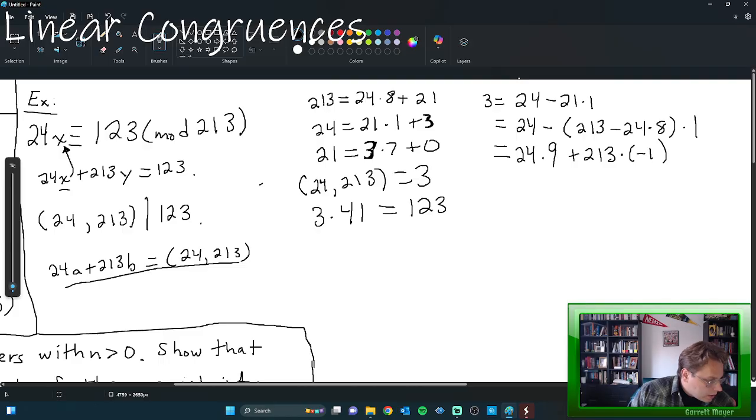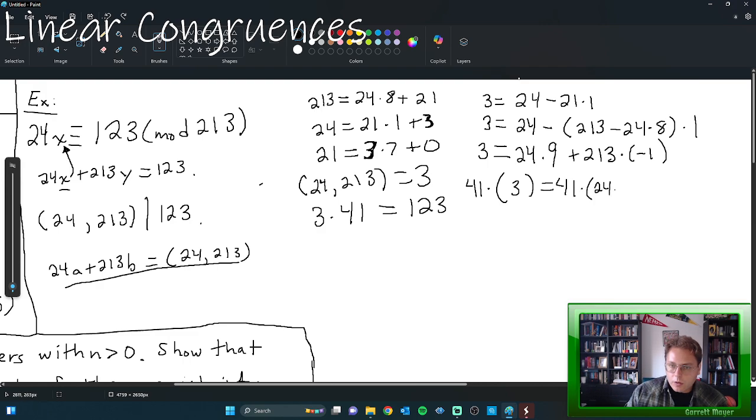So what we want to do next is scale this up so that we can get this equal to 123. So let's take 41 times this whole equation: 41 times 24 times 9 plus 213 times negative 1.